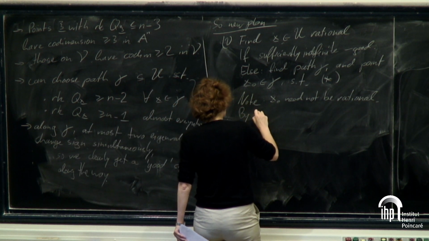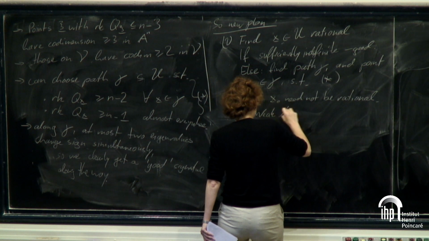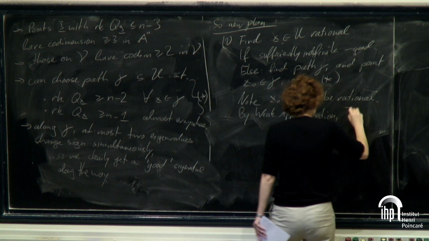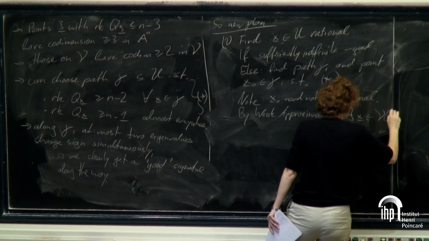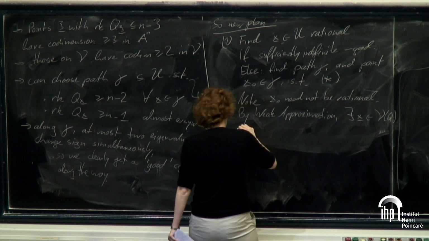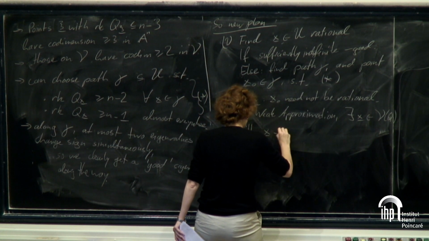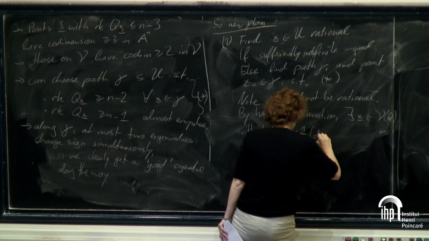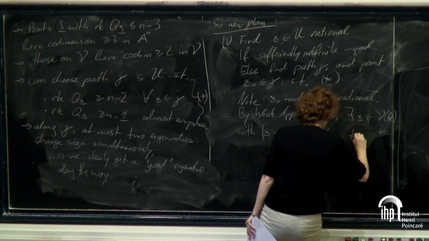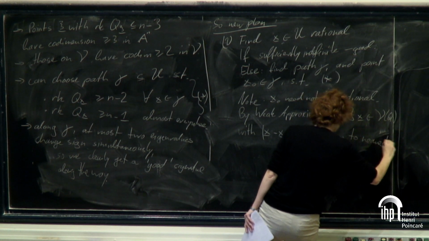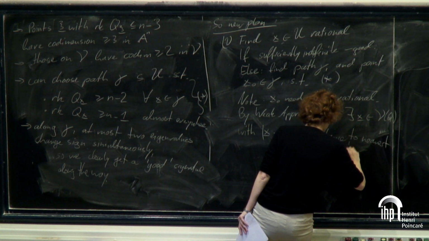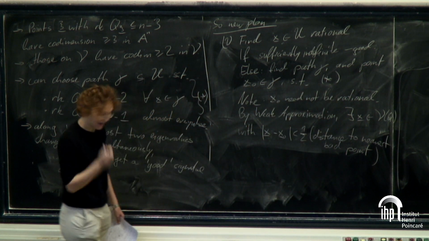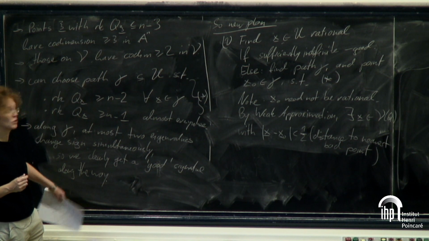So by weak approximation, we get x with x minus x naught less than half the distance to the nearest bad point, which means x is also a good point.